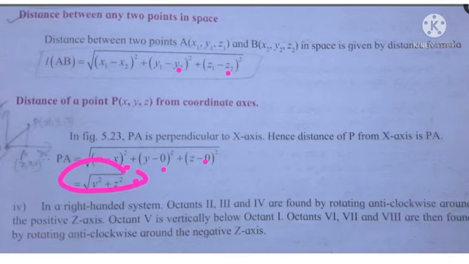So we get root of y square plus z square. Okay.